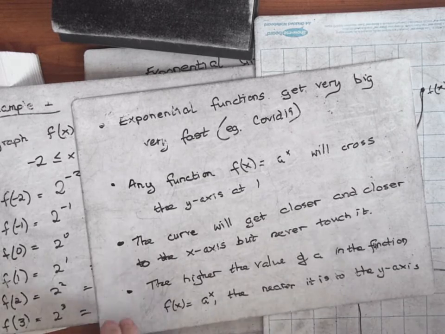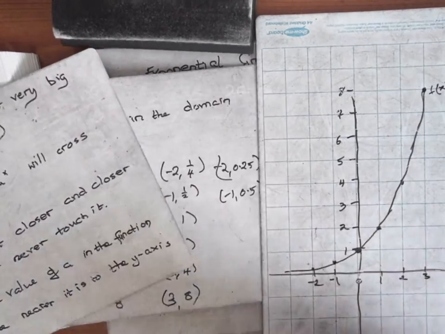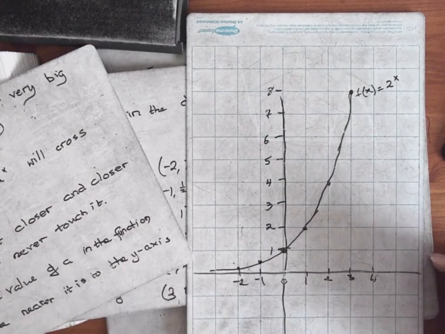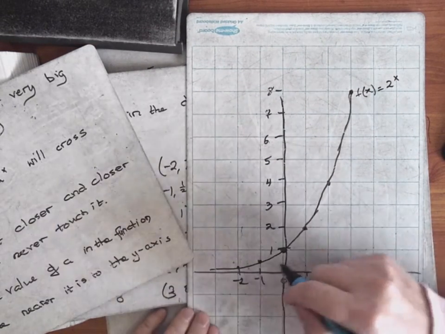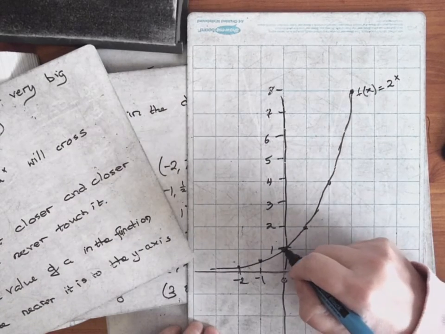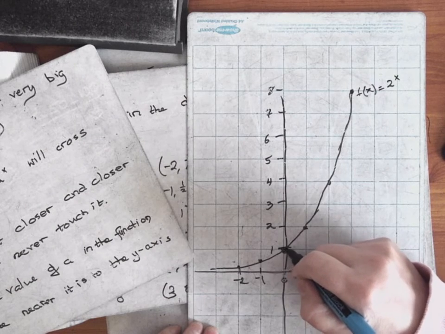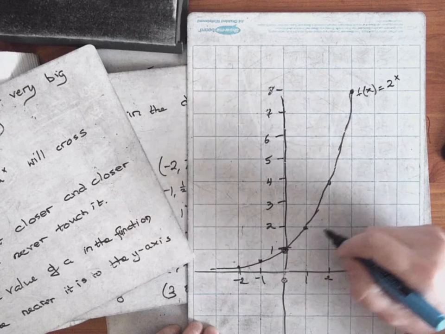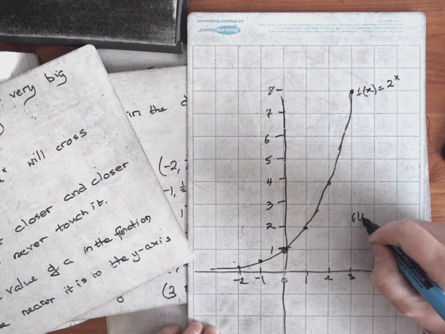Okay, so I'm going to go back to this graph to talk about each one of those. The first thing is it gets really big really fast, I've spoken to that. Basically they will all cross here at 1. If f of x equals 3 to the power of x, it'll cross at 1.